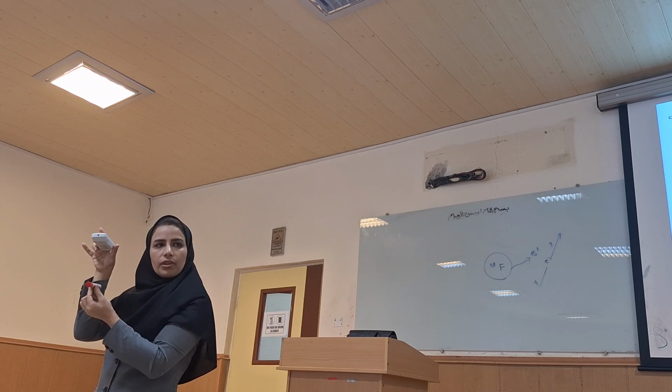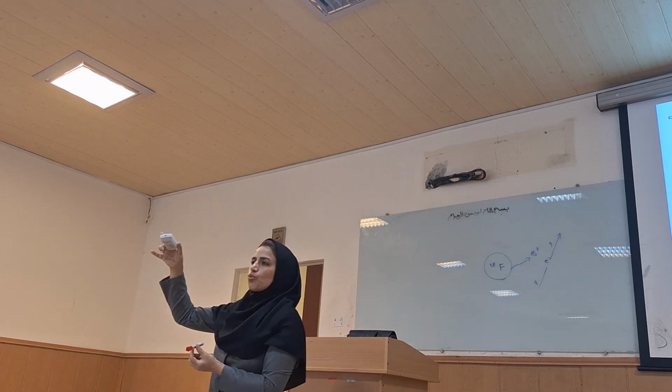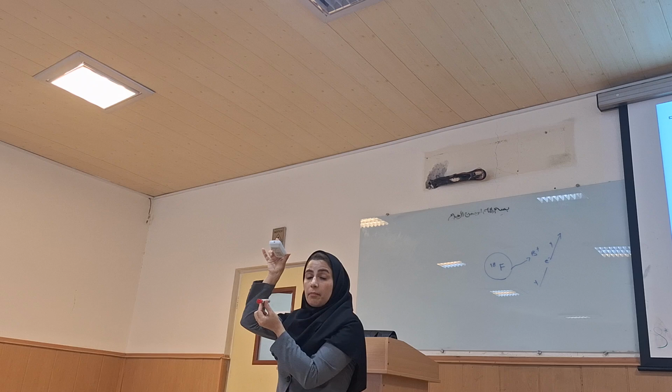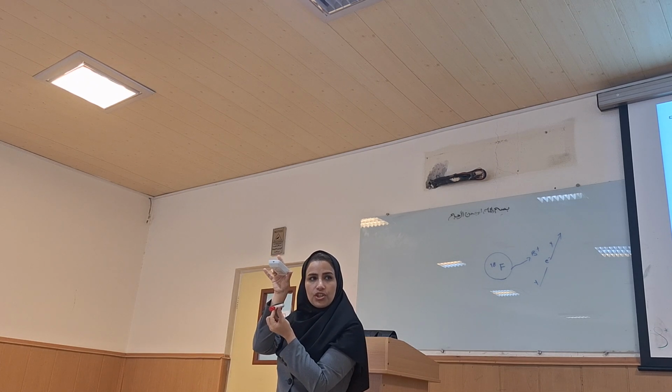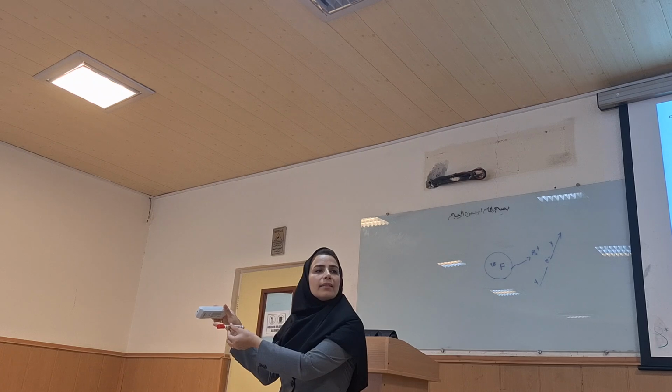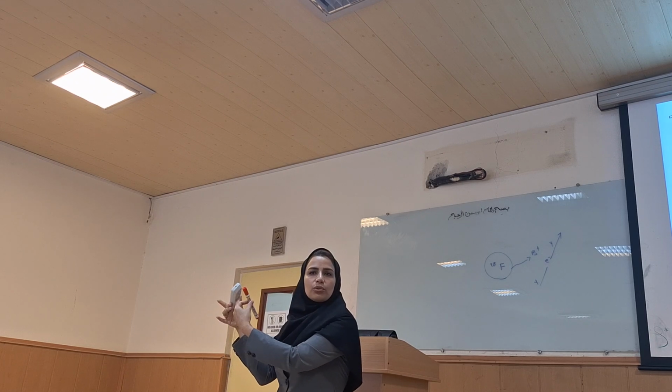This time, the imaging is planar imaging or 2D imaging. Okay? And my instrument is the gamma camera. If I take the image while my gamma camera is stable, not moving, and my patient is also stable, the image is named planar imaging or 2D imaging.